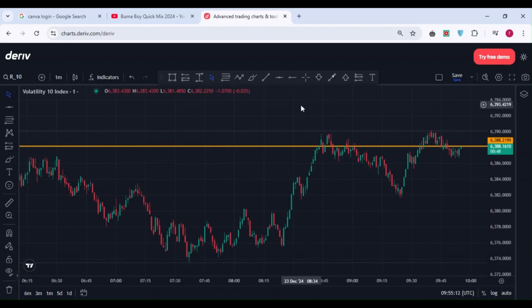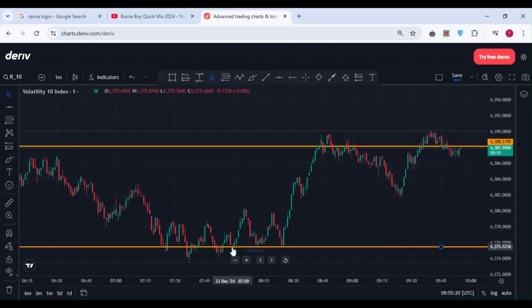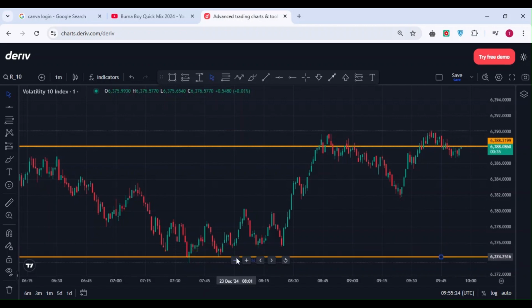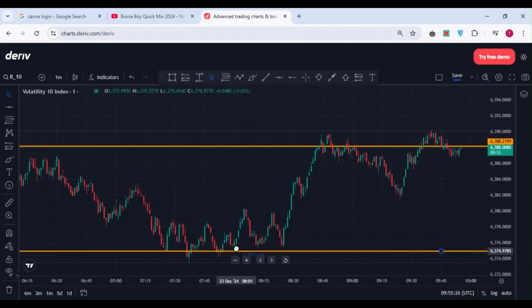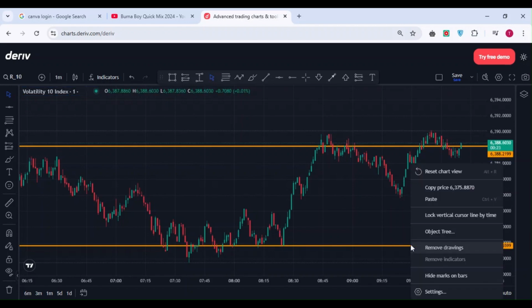The next point is to look for the support, and then you draw along the point you can see. Looking at this point here, around 63.76, let's put it at that point from the lowest point here. This is the point I'm looking at, guys.